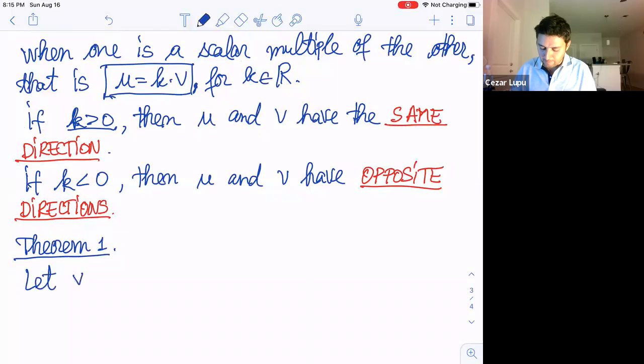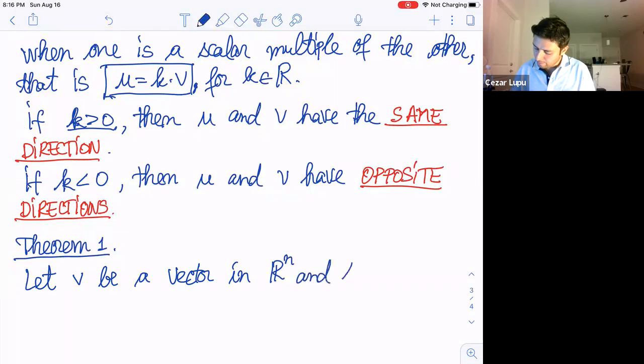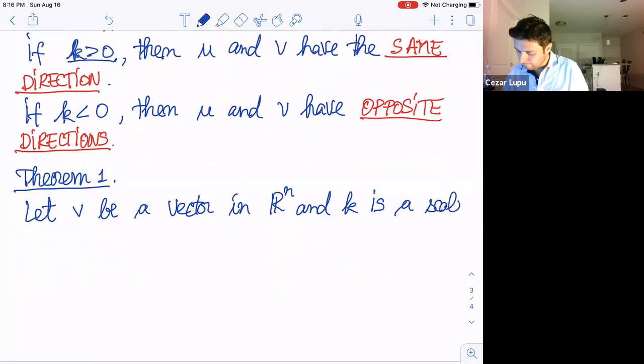Let v be a vector in Rn, and k is a scalar. And then we have the following.